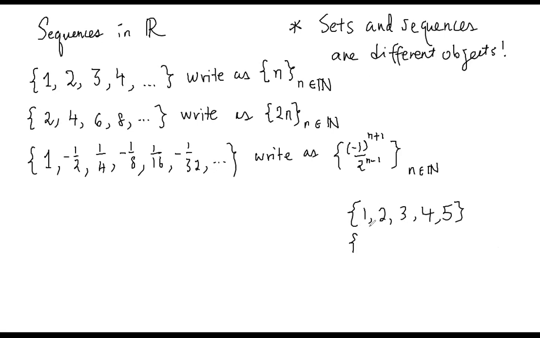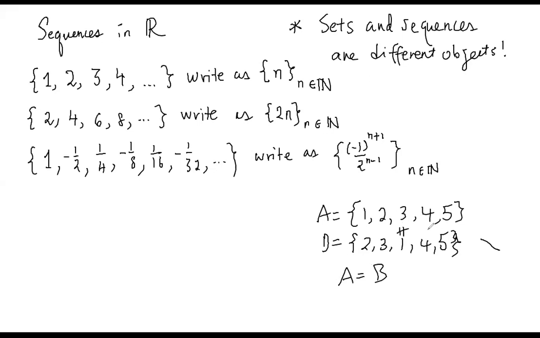Or it can also be written as 2, 3, 1, 4, 5. If you treat this as a finite sequence, then the order is important. Therefore, this and this will be different. But as a set, they will be the same. So A and B will be the same because the elements there are the same.